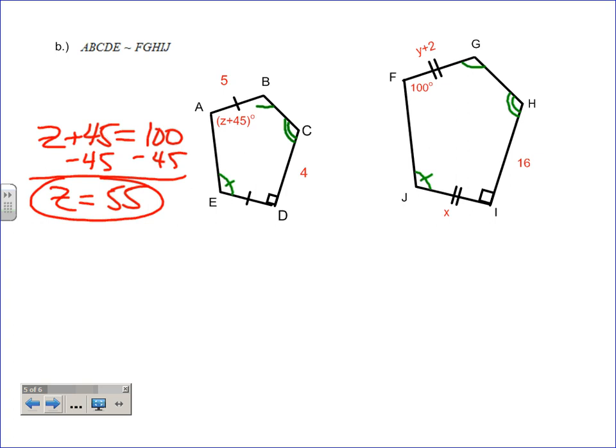Well, now here's what might have got some of you. Well, yeah, I got a 5 right here for AB, so then there's also a 5 down there for ED. How do you know that? Because of the congruent marks, right? So over here I have an x right there. So, well, we know we could go something like this. We could go 5 over x. And if I do that, where do we actually have numbers that we can use?